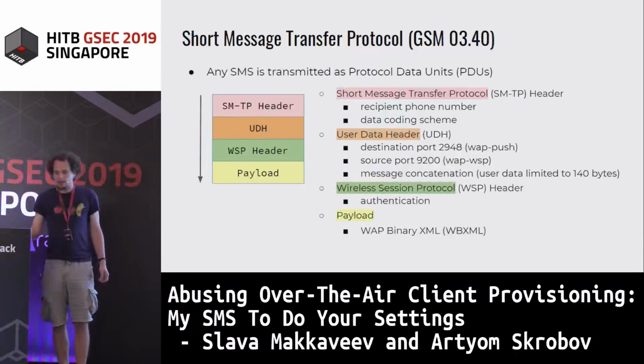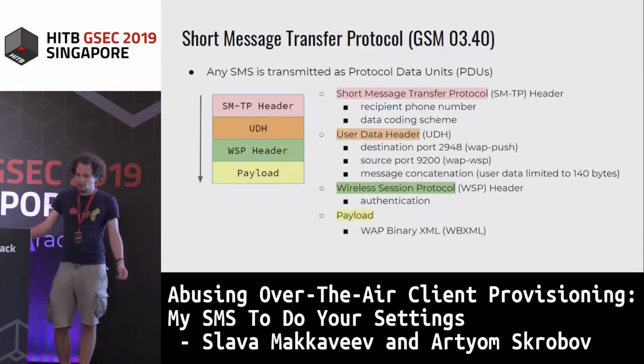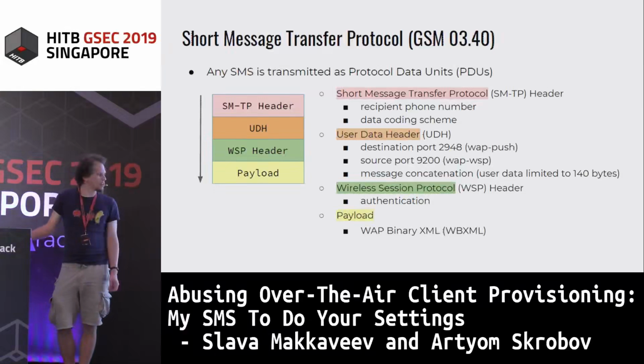Then the transport layer, implemented in wireless datagram protocol, or WDP, specifies the source and destination port numbers, which for client provisioning are hard-coded to the values shown on this slide. That's 2948 and 9200. The session layer handles authentication of a message.